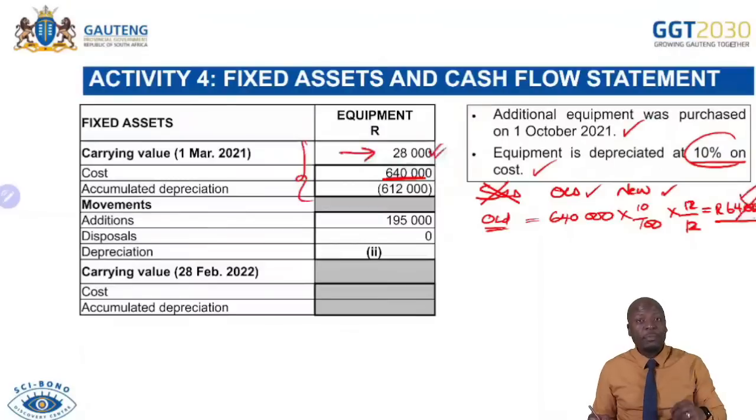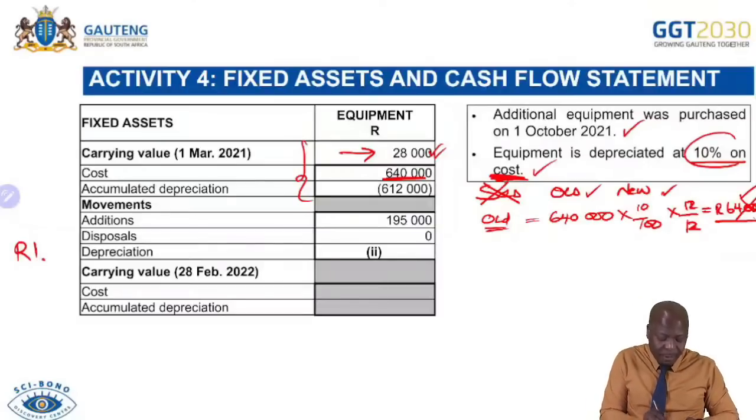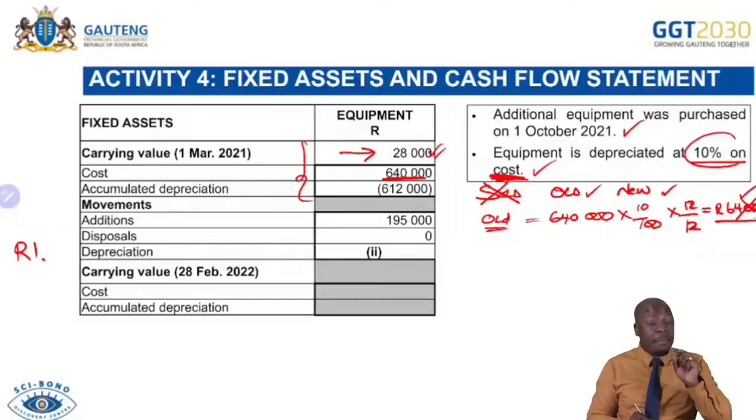Here is a clue. When you get into the exam and you are asked to calculate depreciation, whenever you see the cost price method, always open your eyes, because in most cases the examiner wants to test you on the 1 Rand residual value principle. The examiner can only do that when they have the cost price method.